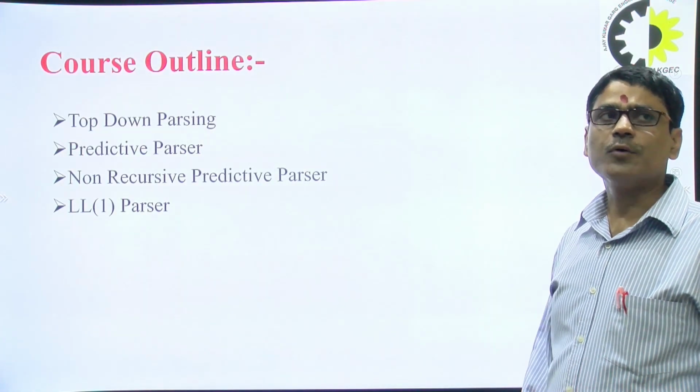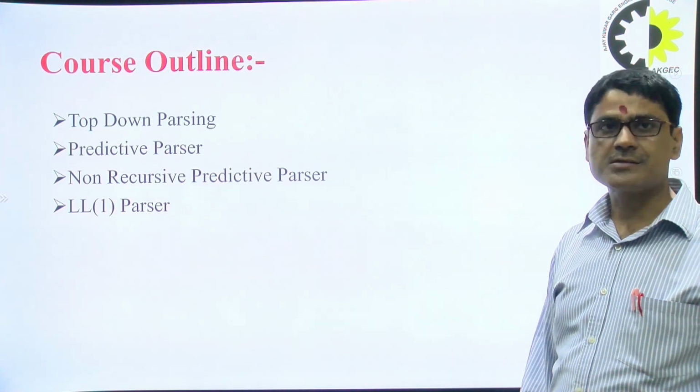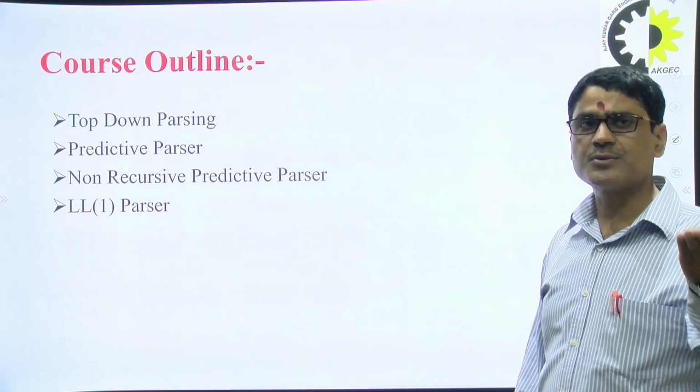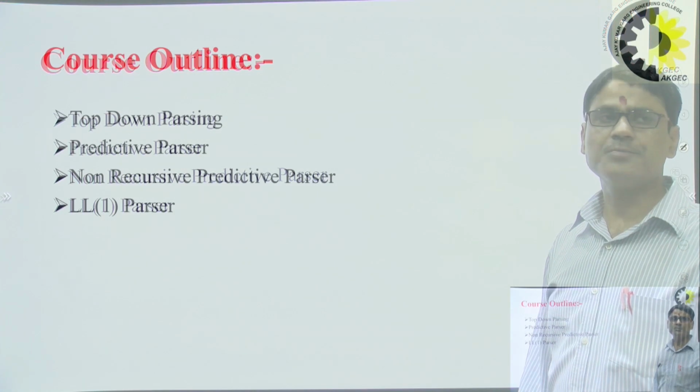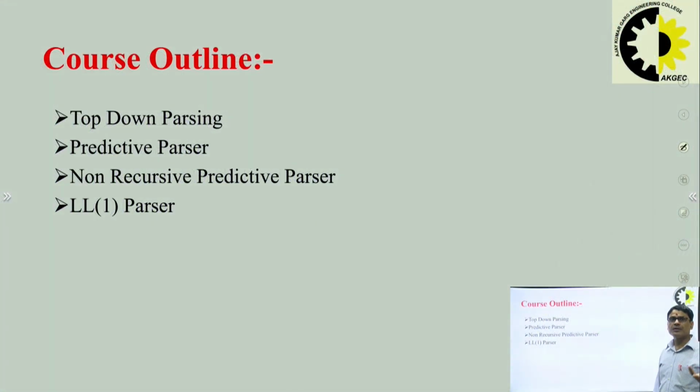I'm going to cover what a top-down parser is. The basic parsing technique associated with top-down parsing is the predictive parser, which has two types: backtracking and non-backtracking predictive parser. The LL1 parser is a kind of predictive parser that applies this top-down approach.